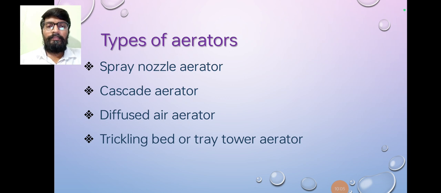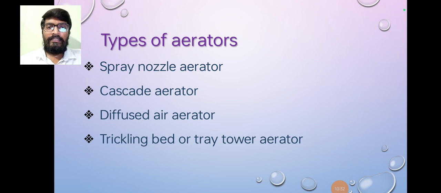The efficiency is 100% to remove CO2 and 99% to remove H2S. But this method is very costly, so we are not using it in our treatment units. The second one is the cascade aerator.